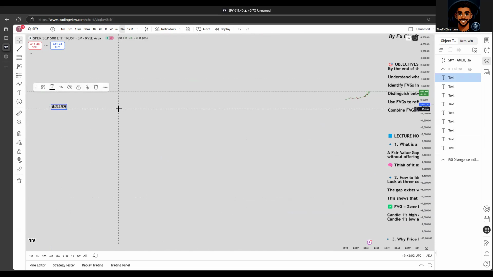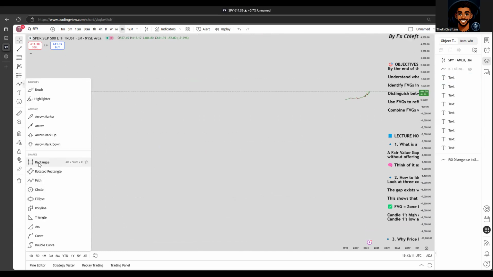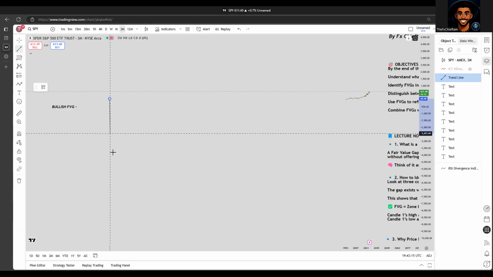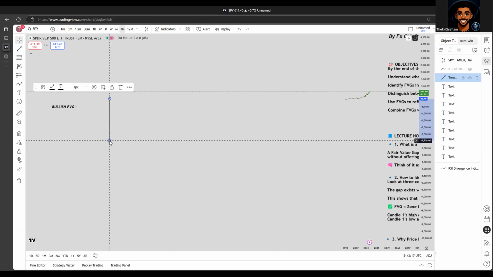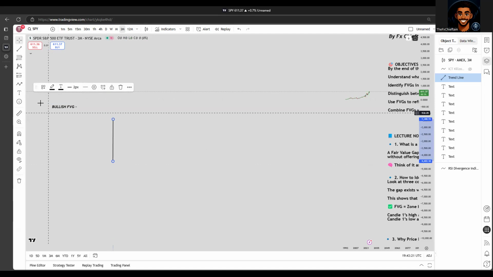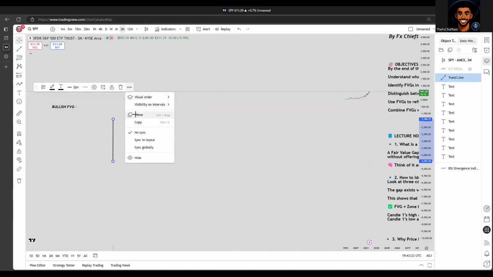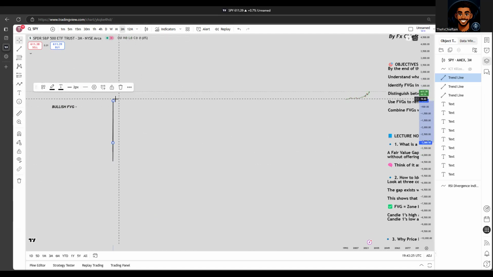So this is bullish fair value, FVG, right? We're going to have this, and you'd definitely see the market in this sense. The trend line. This is a fair value. Let's replicate this. All right.